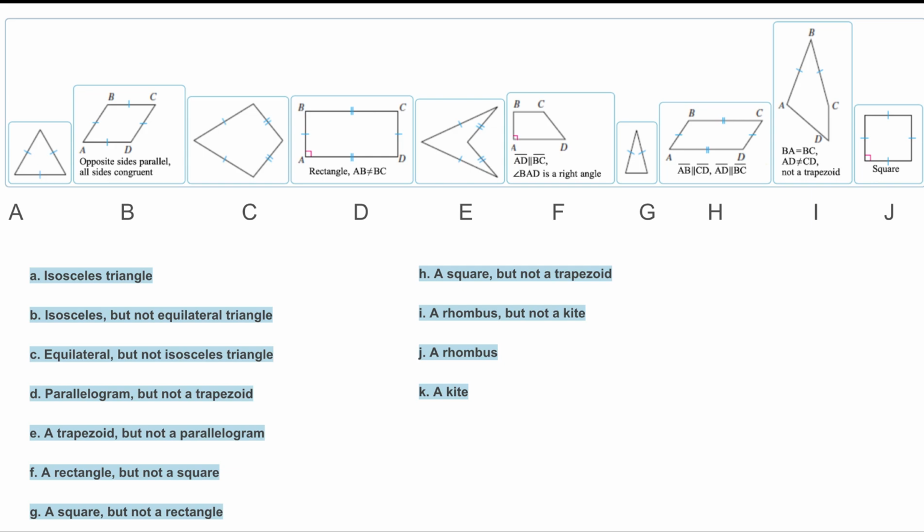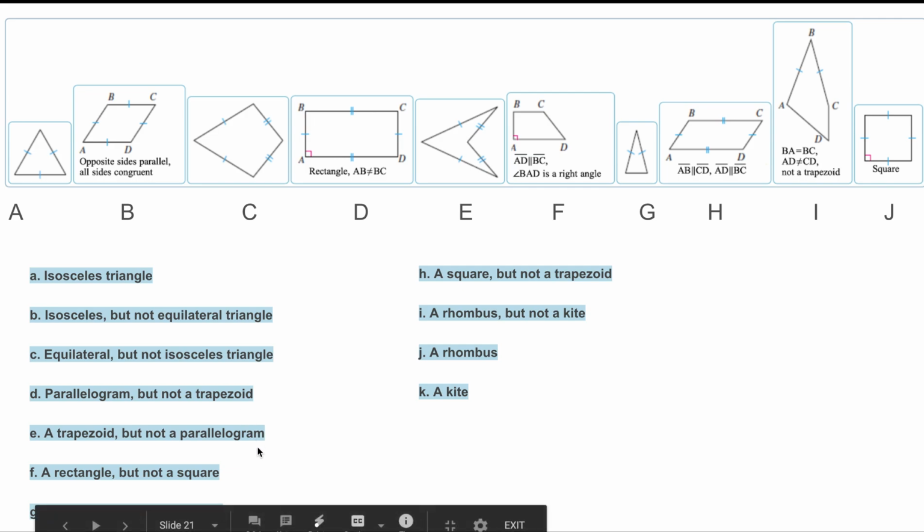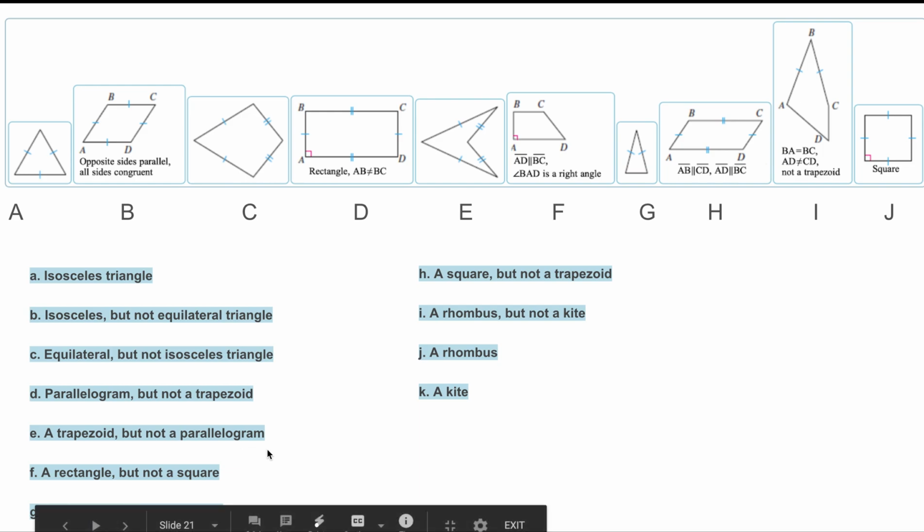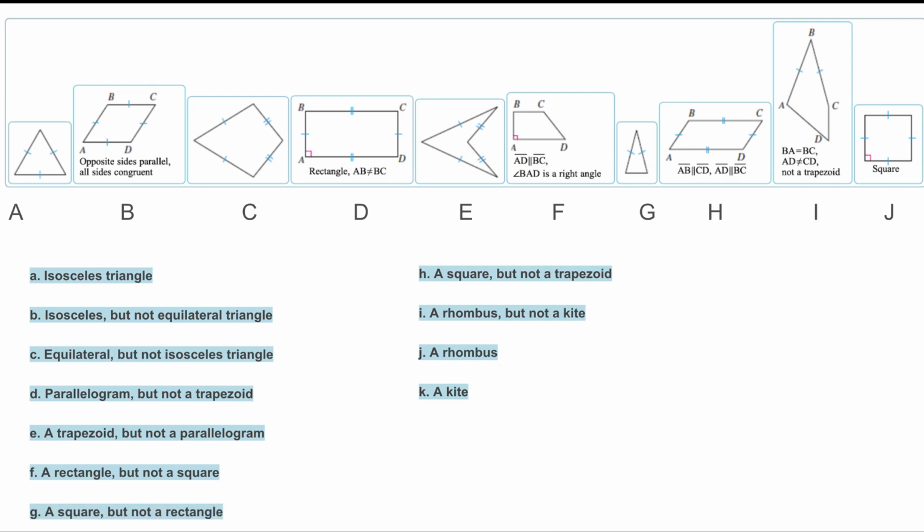So we know that all parallelograms are trapezoids, and you cannot have any parallelogram that is not a trapezoid. So there's none of that. E: a trapezoid but not a parallelogram. This is possible, right? You can have only one pair that are parallel, then it becomes just a trapezoid, not a parallelogram.